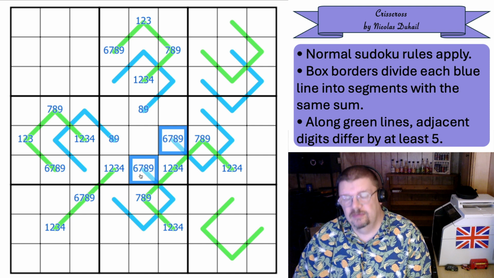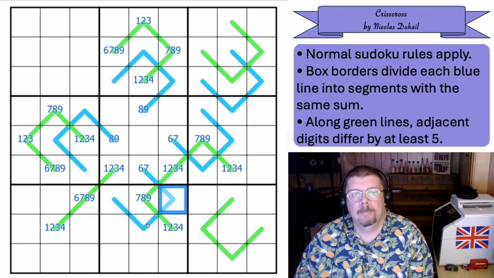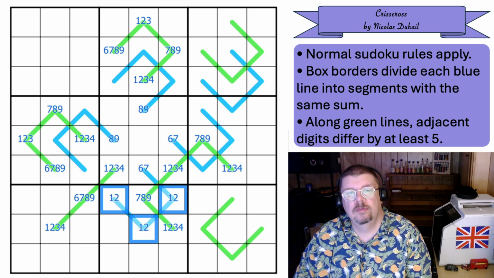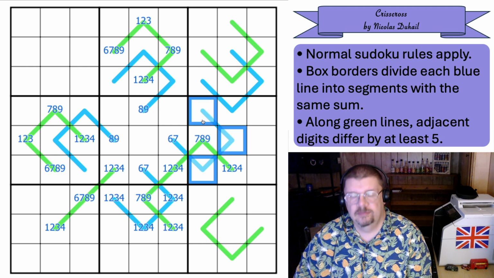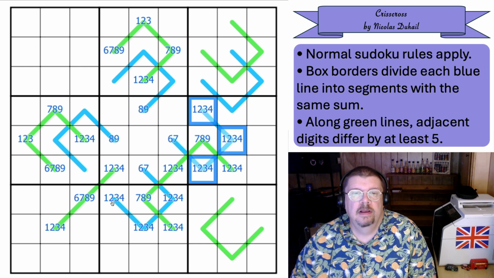And that makes these 6 and 7 because I now have an 8, 9 pair. So therefore 1, 2, 3, and 4, as are these. Because it's either 1, 2, 3 or it's 1, 2, 4.